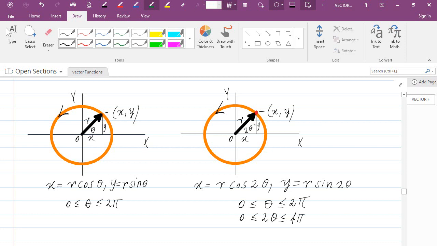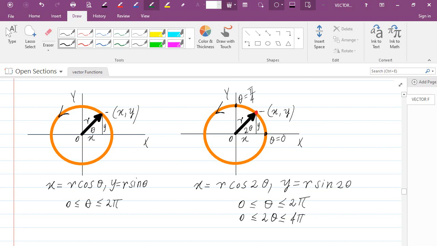So when theta is pi over 4, 2 theta is pi over 2, and we are at this point here. This is where we are when theta is 0.